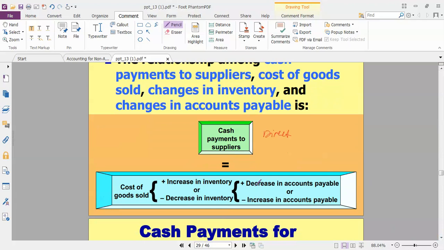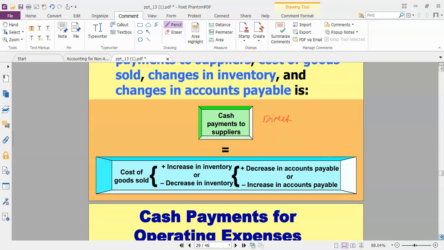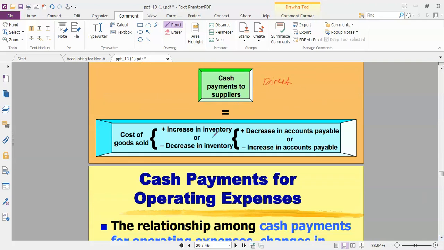And when there is a decrease in account payable you must add, and an increase in account payable you must minus. So it is the same thing, but a different formula. This is for the direct method cash payment, and the blue one is for the indirect method that we taught before this.